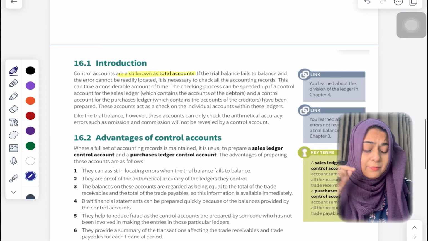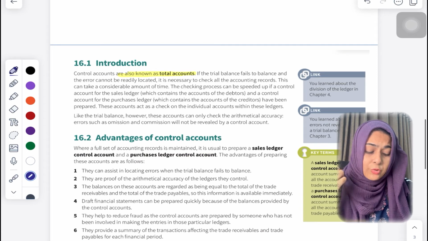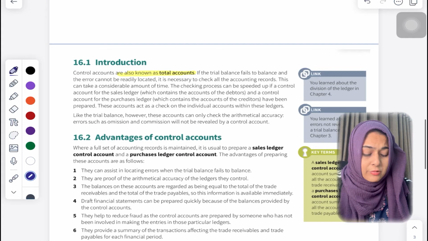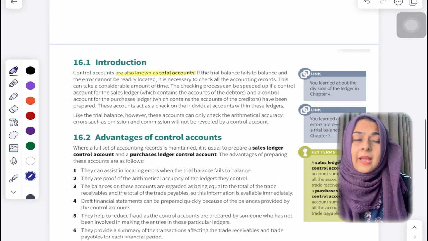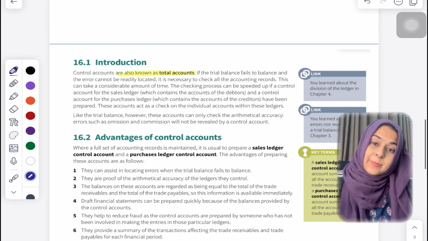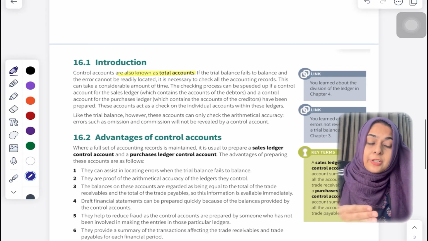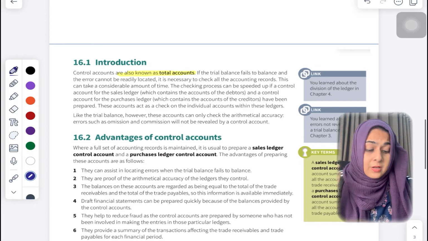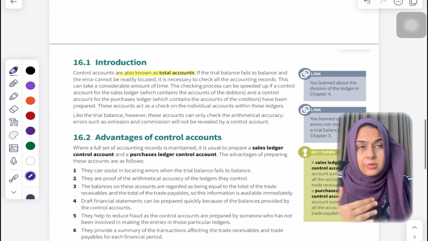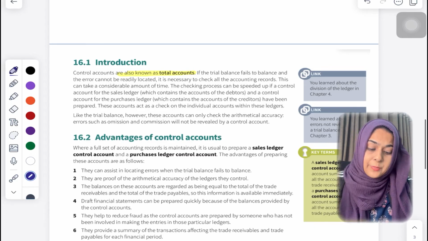What is important is that we know the advantages of preparing control accounts. Number one, it helps locate errors when the trial balance fails to agree, and it helps locate errors in their respective ledgers. If it is a sales ledger control account, it will help locate errors in the sales ledger. Similarly, a purchases ledger control account will help locate errors in the purchases ledger.